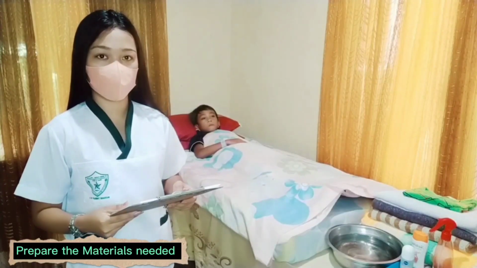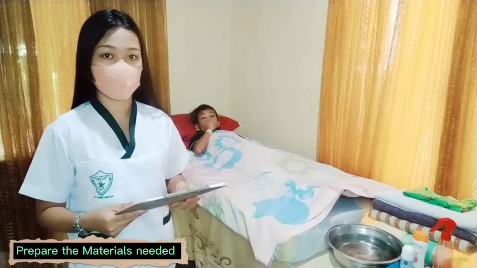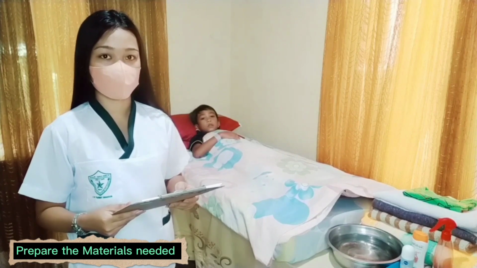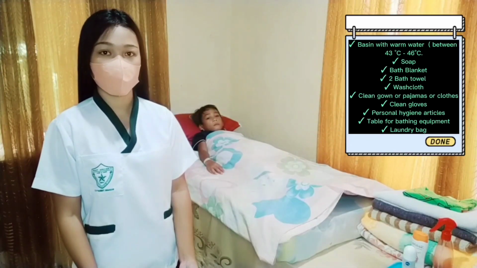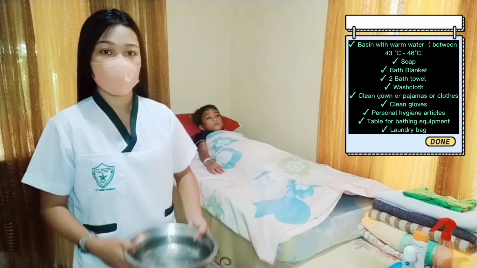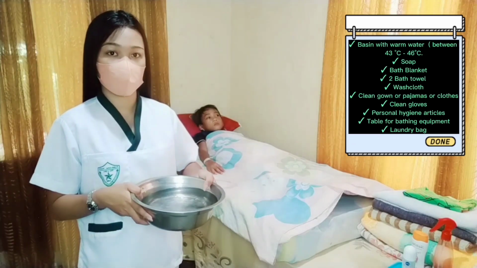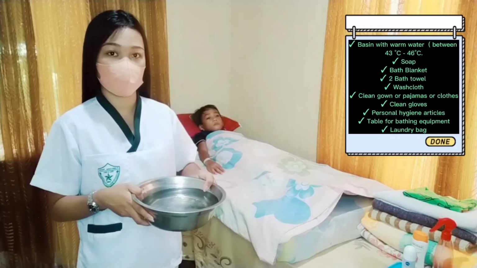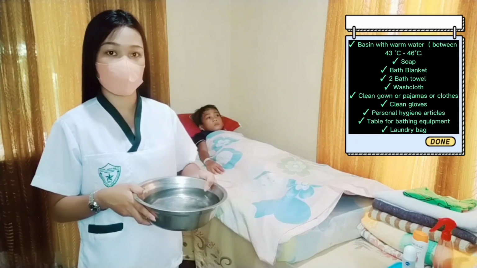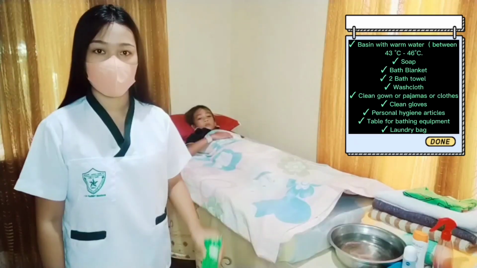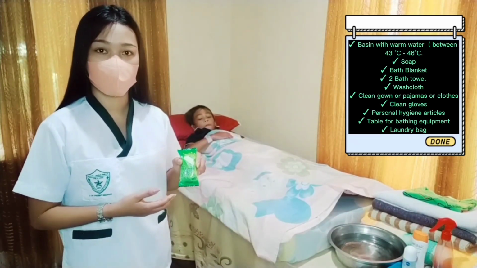After preparing the patient, gather all the materials needed. For this procedure, we will be needing a basin with warm water between 43 degrees Celsius and 46 degrees Celsius, and also the soap.